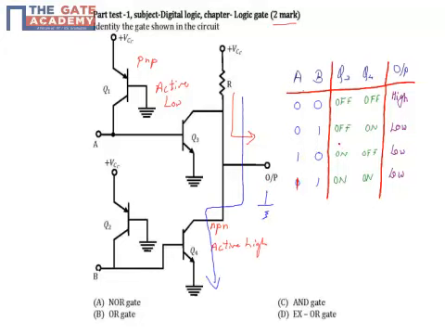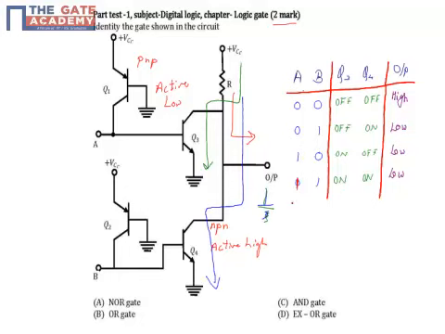Similarly, if Q3 is on whereas Q4 is off, again my current would travel like this, go over here and go to ground, so again I would get a ground over here. And if both of them are on, the current will sink again.